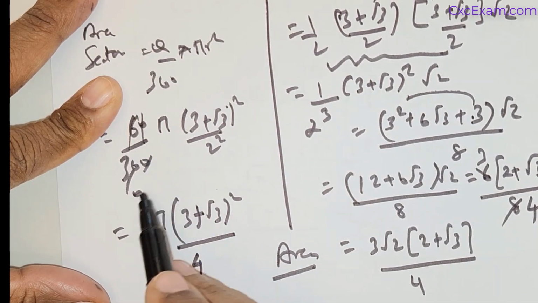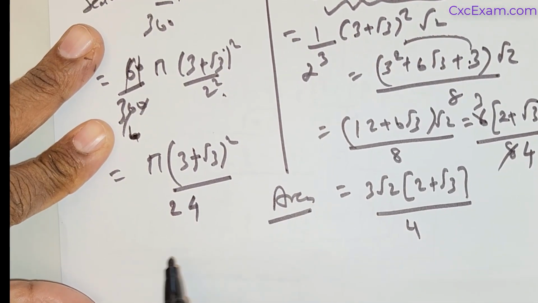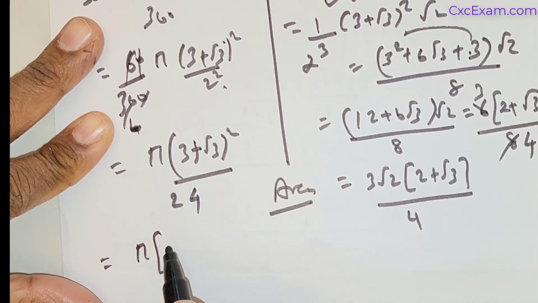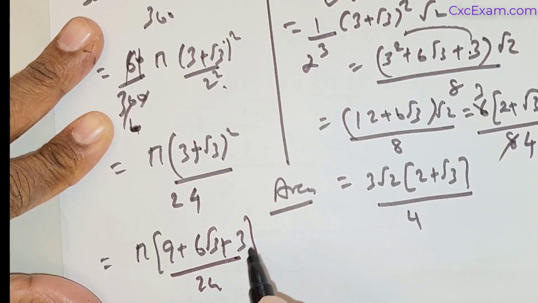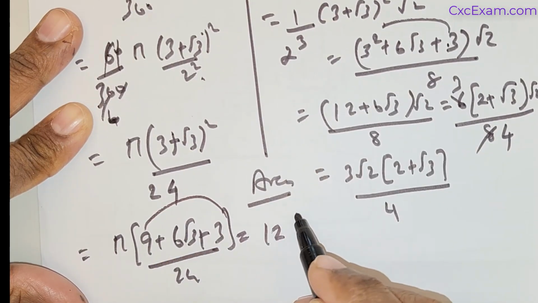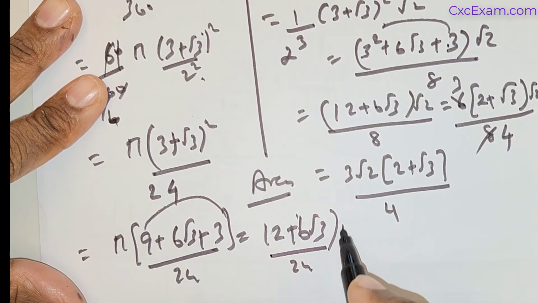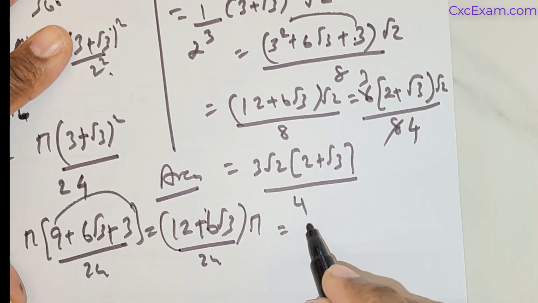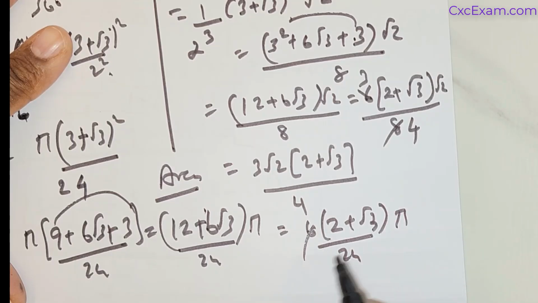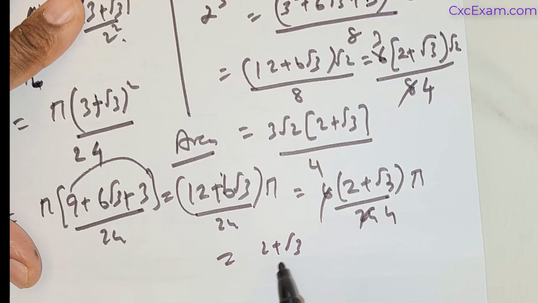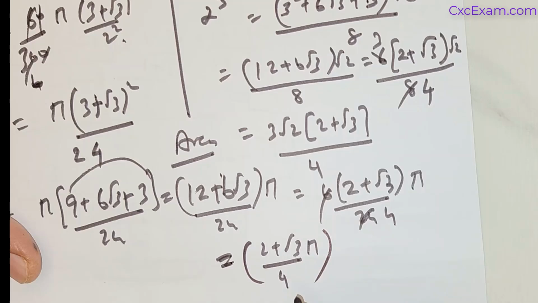And the 6 is here, 6 times 4 is 24. So if I expand this, this is pi times 9 plus 6 root 3 plus 3 divided by 24. I add this, I get 12 plus 6 root 3 divided by 24 pi. And I can take 6 out, there is (2 + root 3) divided by 4 pi. So this is my sector area.